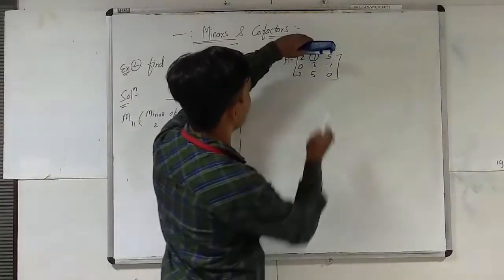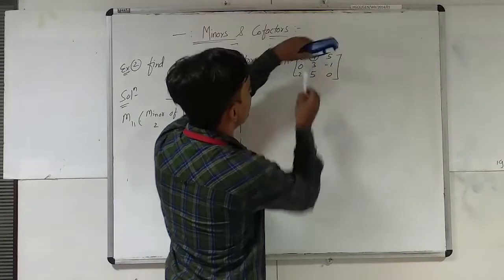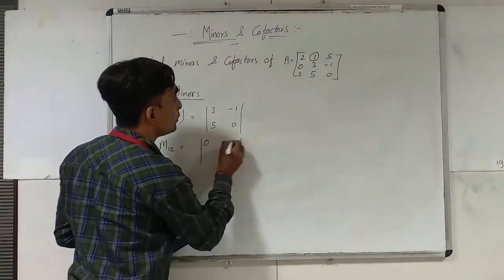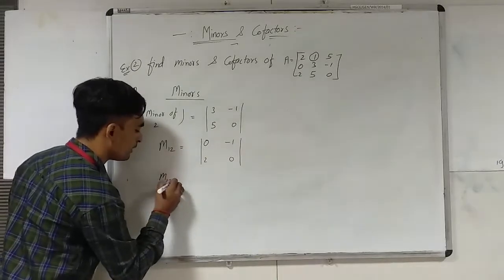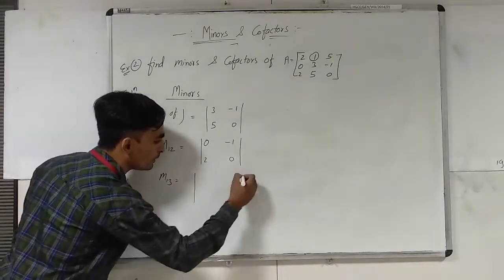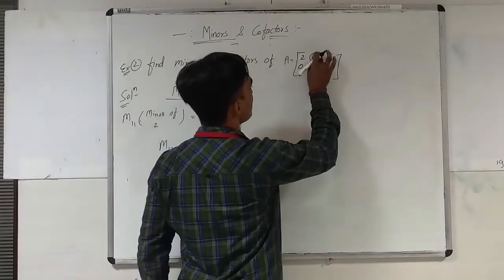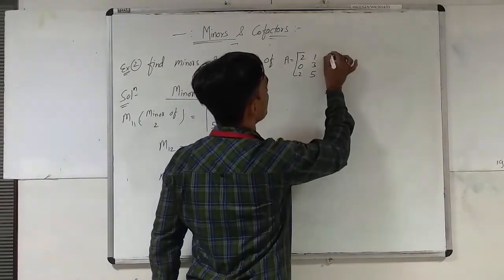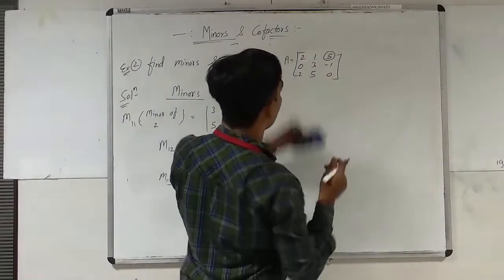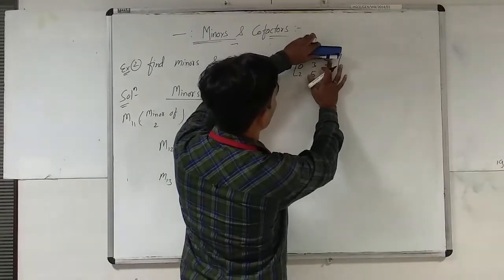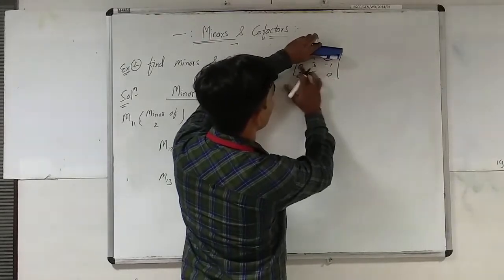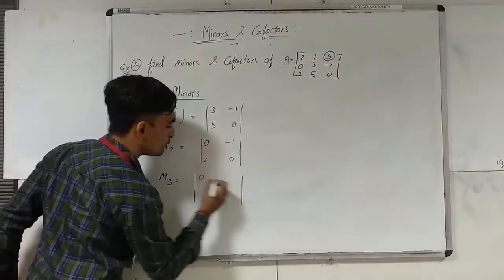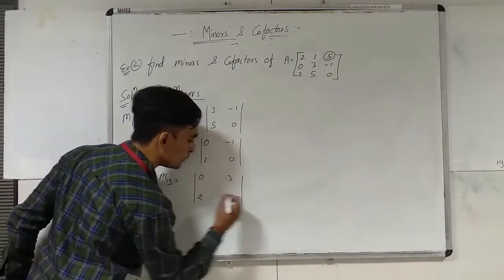So deleting the first row and second column, we get 0 minus 1 2 0. Same way, M13, first row and third column. So this becomes 0 3 2 5.